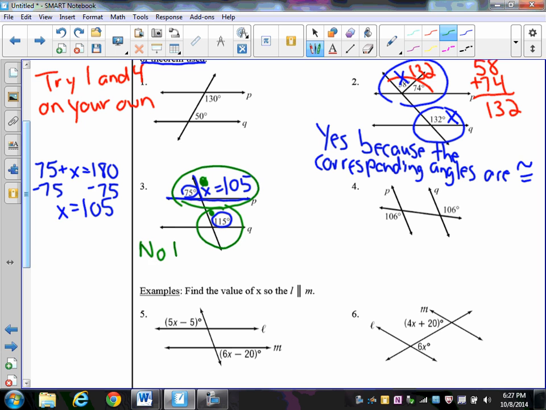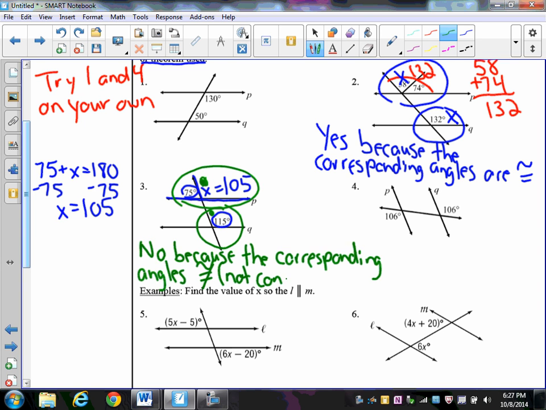No, because the corresponding angles are not congruent. So this symbol here means not congruent. Just like when we put a line through the equal sign, that means not equal. We can do that with congruent also.